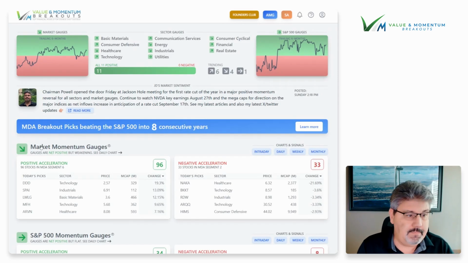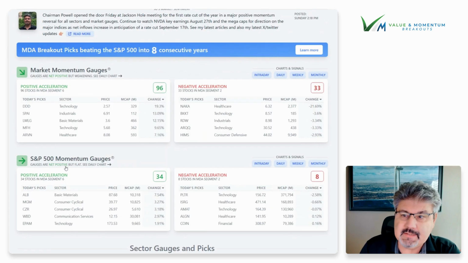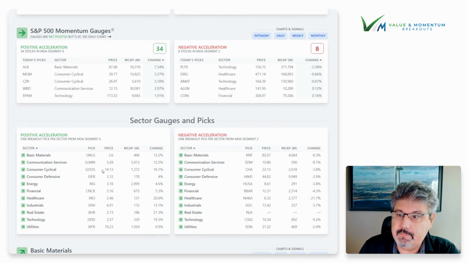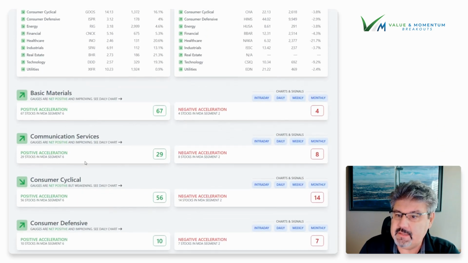Then I have picks that go out every day that come out automatically from the algorithm. Today's picks are here from the market algorithm. These are the picks from the S&P gauge algorithm, and then these are the sector gauge picks from the algorithm. You can click on each one of these, and it'll give you a chart, and it'll also tell you how each is trending.